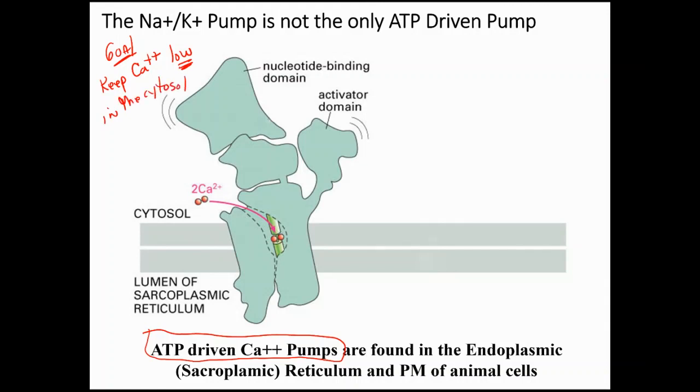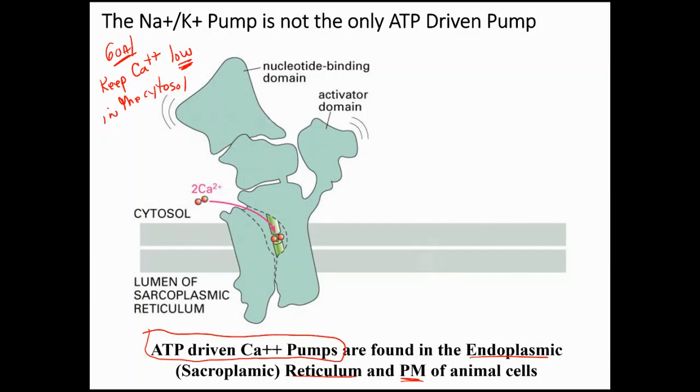Okay, so where do we find these ATP-driven calcium pumps? We can find them in the plasma membrane, and also in the endoplasmic reticulum, particularly in muscle tissue. The endoplasmic reticulum in skeletal muscle tissue is called the sarcoplasmic reticulum. And as we know, anytime there's a release of calcium into the cytosol of a skeletal muscle, it's going to initiate muscle contraction.